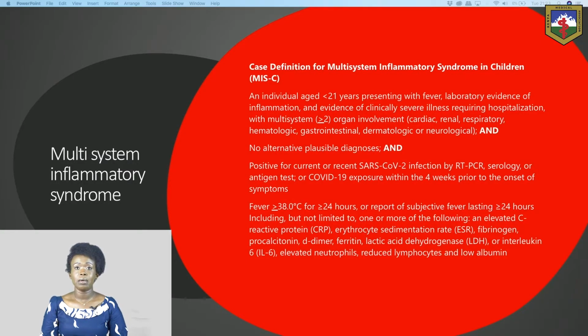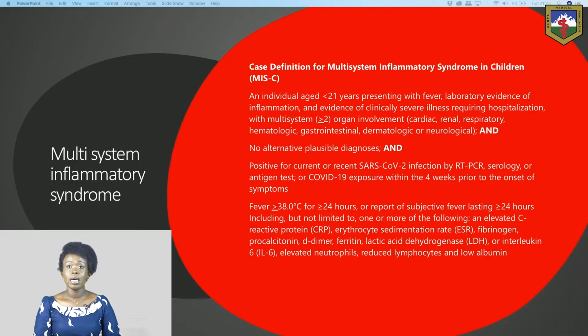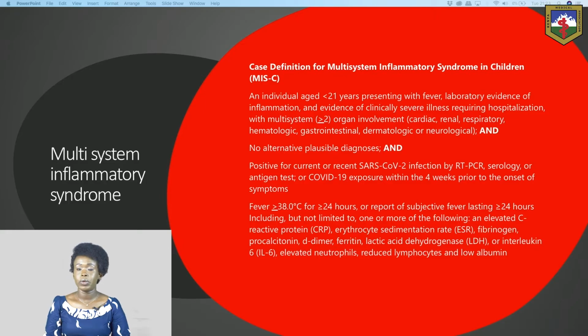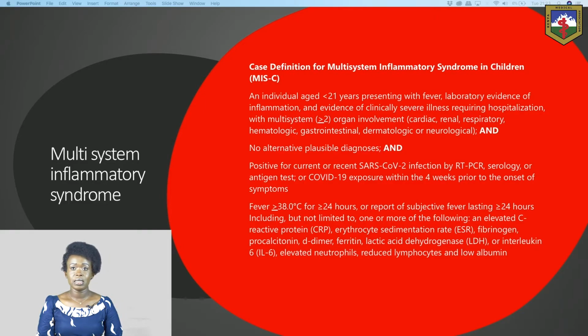Some of the elements of this multi-system inflammatory syndrome include an individual aged below 21 years presenting with fever, laboratory evidence of inflammation, evidence of clinically severe illness requiring hospitalization, with more than 2 organs involved, like the cardiac, renal, respiratory, hematological, gastrointestinal, dermatological, or neurological.